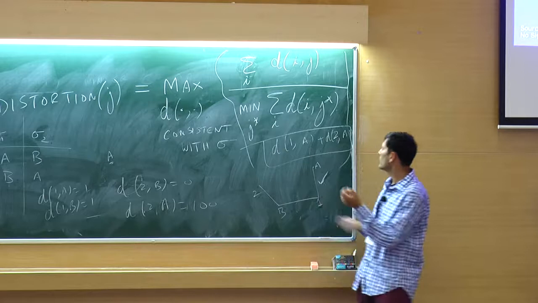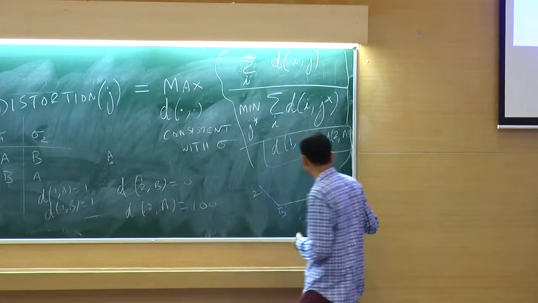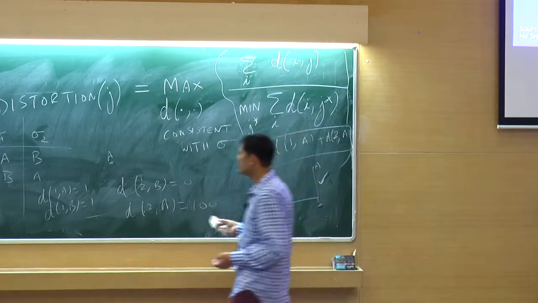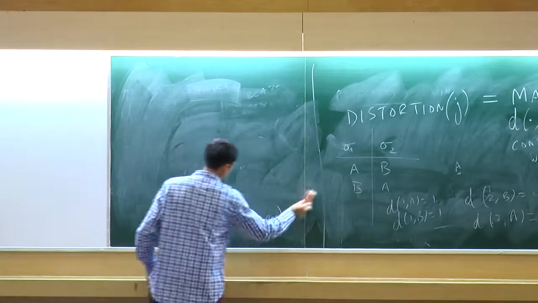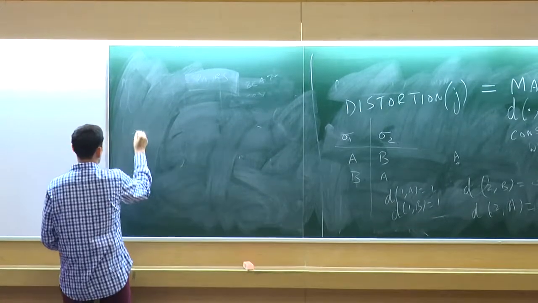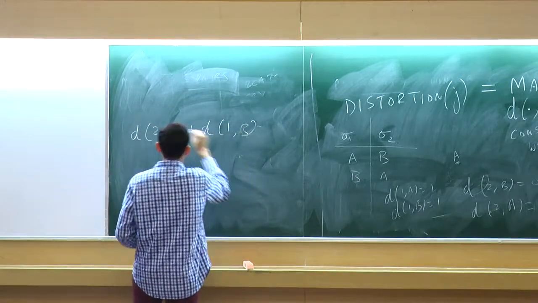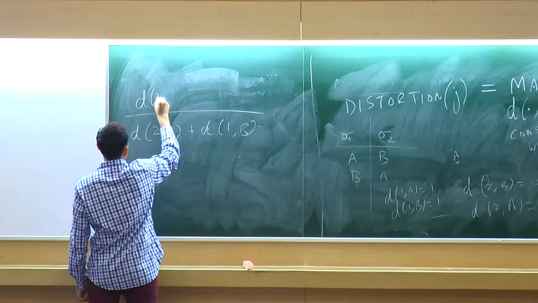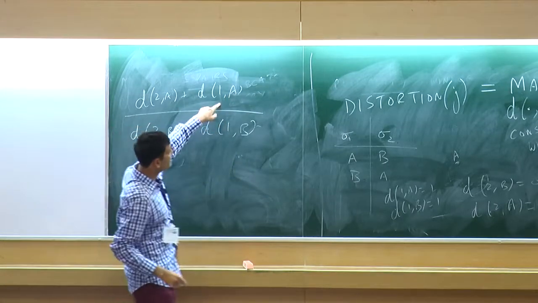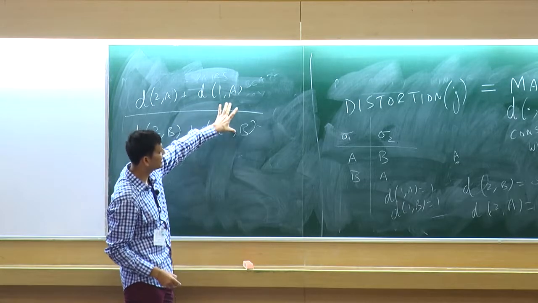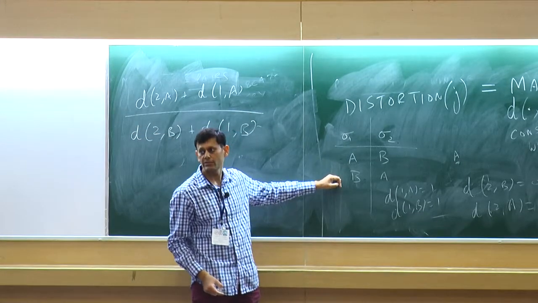The denominator could be either D of 1 comma A plus D of 2 comma A, in which case the ratio is just 1, or it could be D of 2 comma B plus D of 1 comma B. Now, because of my ranking constraint, D of 1 comma A is less than or equal to D of 1 comma B, because A is before B in the ranking for sigma 1.